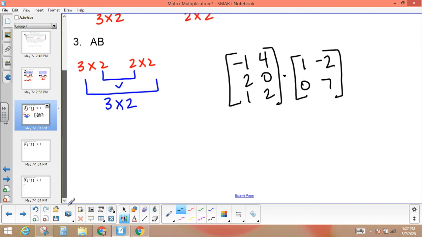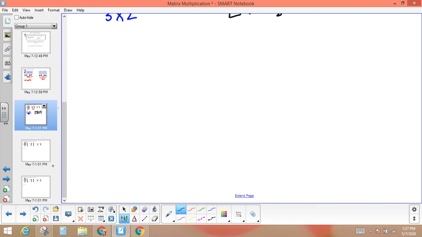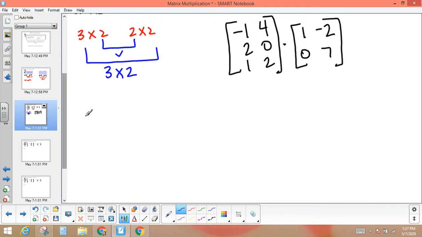Okay, so we are going to need some room to work. All right, and I think I gave myself enough room. Okay, so the product matrix here, the answer that we're going to get, should have 3 rows and 2 columns.